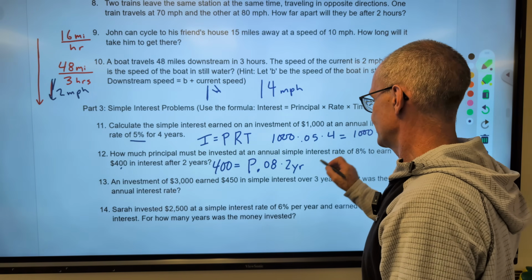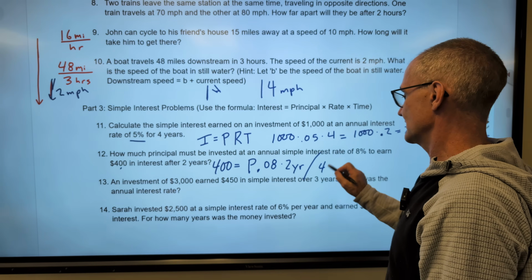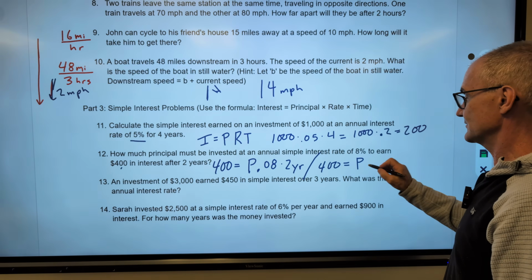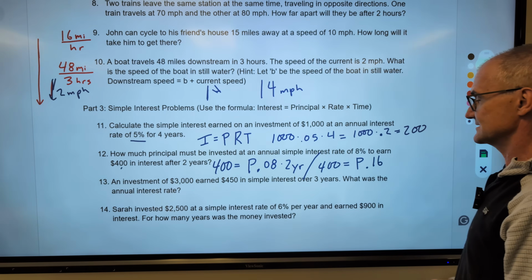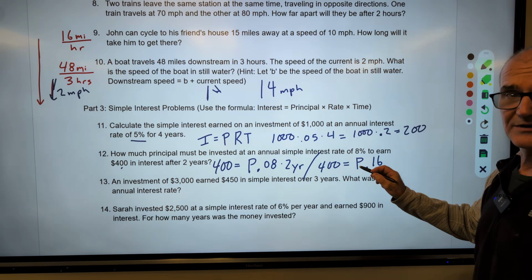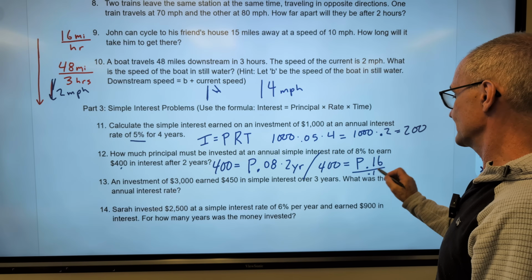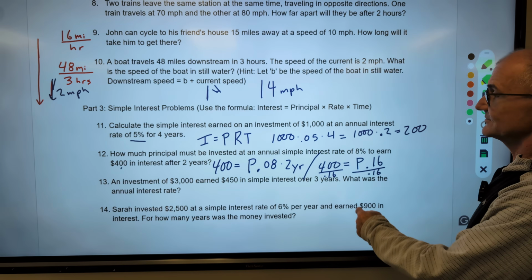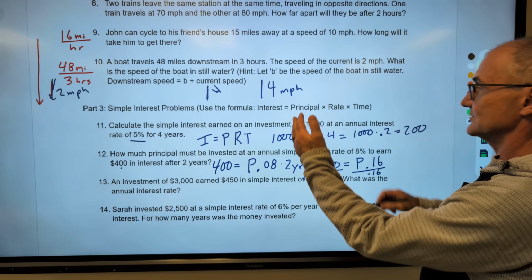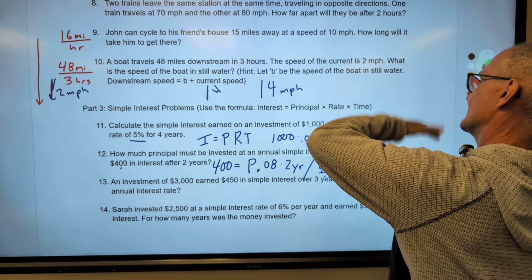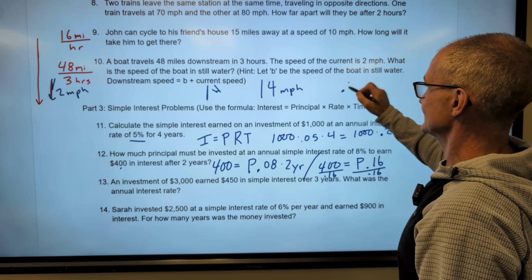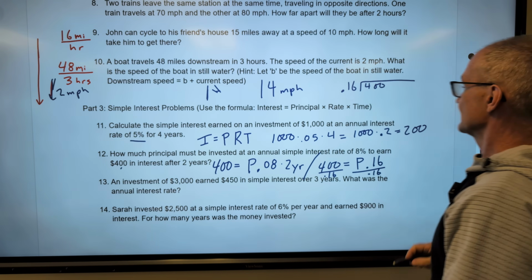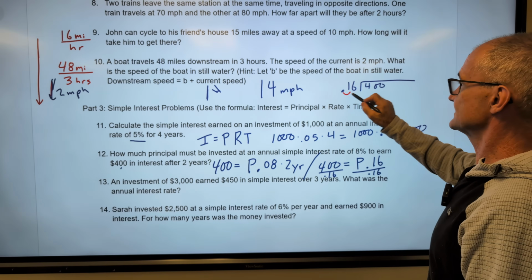Again, I'm going to do this: 400 is equal to P times 0.08 times 2, which is 0.16. Got to get my variable by itself, divide both sides by 0.16. That's going to give me my P by itself. So I have to do 400 divided by 0.16. So how many times does 0.16 go into 400? Well, I'm going to move that decimal over 1, 2.